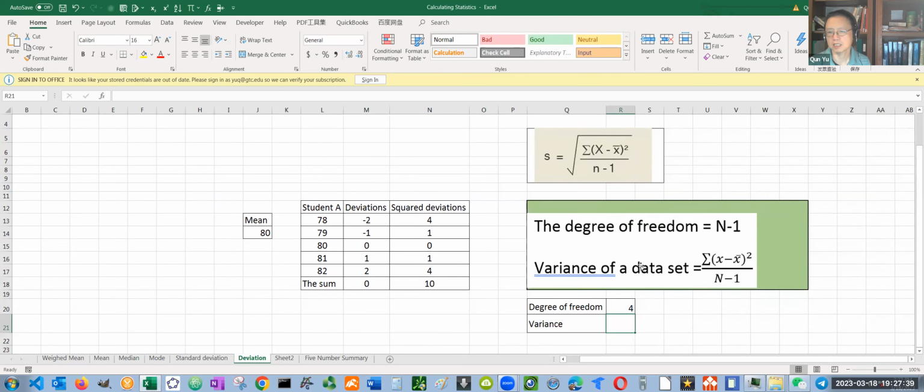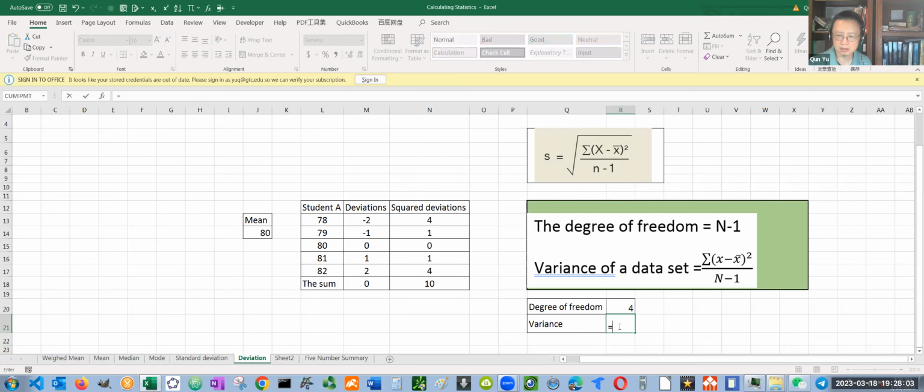So let's do that. Basically, the whole thing on the top is the sum. This is sigma representing summation, the sum of squared deviations. So that's 10. In other words, the sum of squared deviations divided by the degree of freedom will be called the variance of this data set.